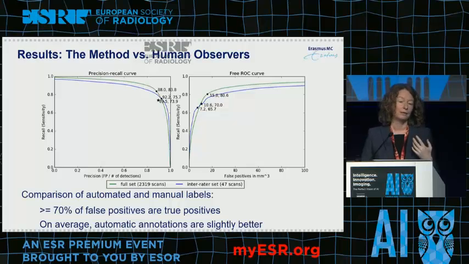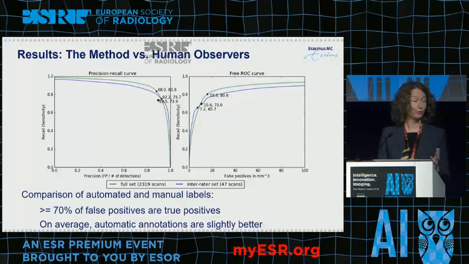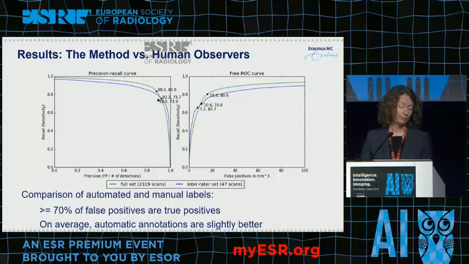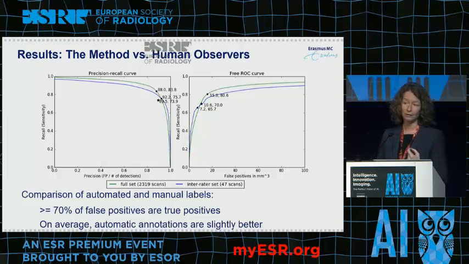We also had an independent observer compare our automated detections, our automated segmentations, with manual segmentations made before. And we found that actually in 70% of the false positives of our system, these lesions are actually true positives, but they were missed in the original annotation.